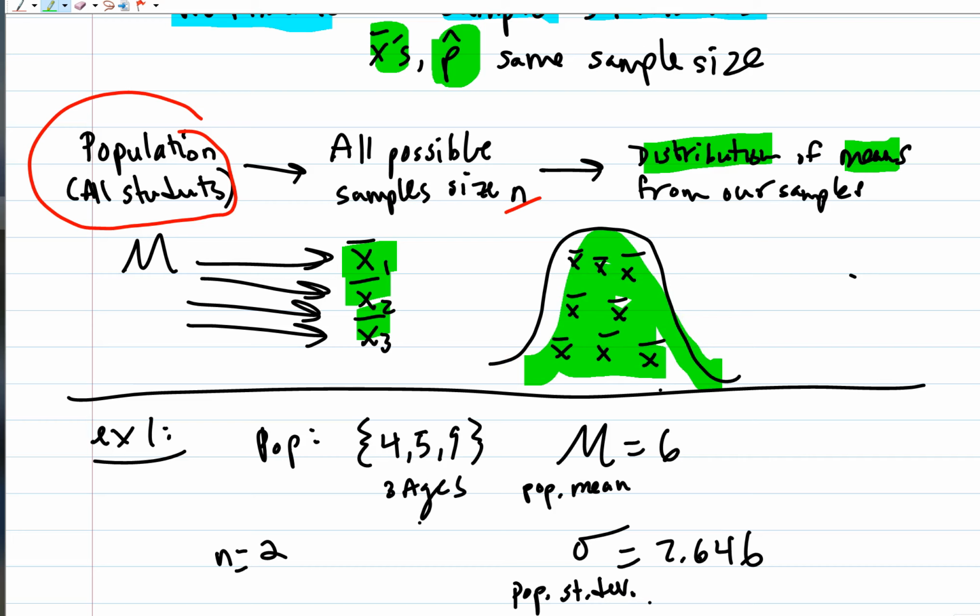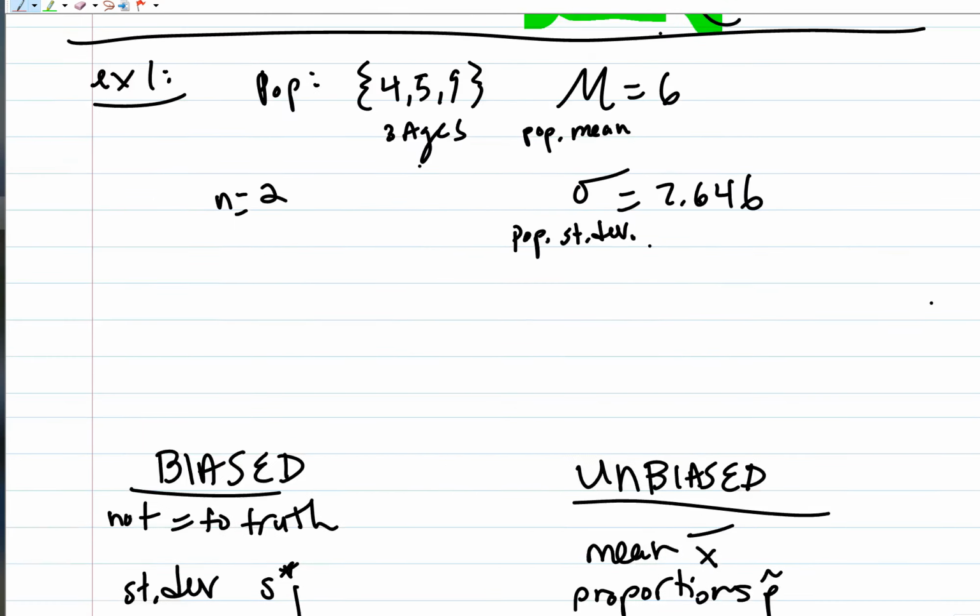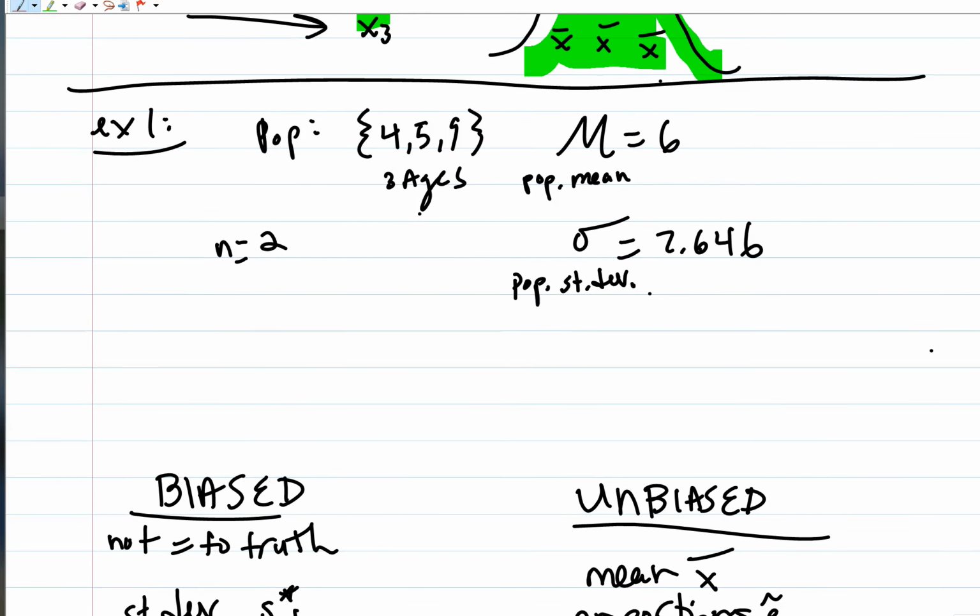I'm going to start on a small scale. So what if our population was just three numbers, three people, 4, 5, and 9? I could figure out the mean of those. This is a population: 4 plus 5 plus 9 is 18, 18 divided by 3.